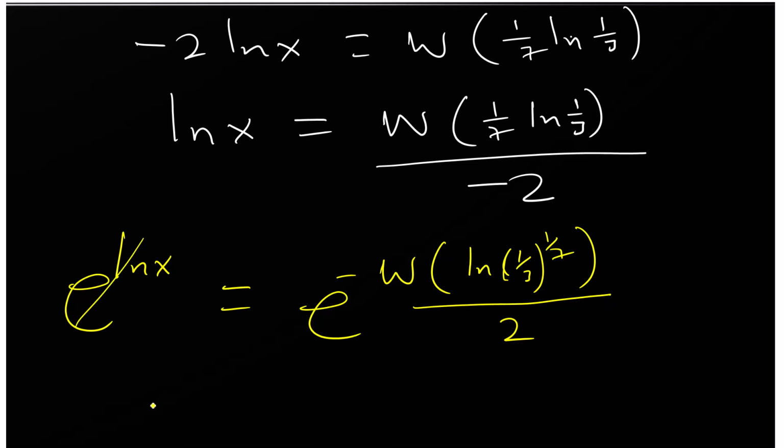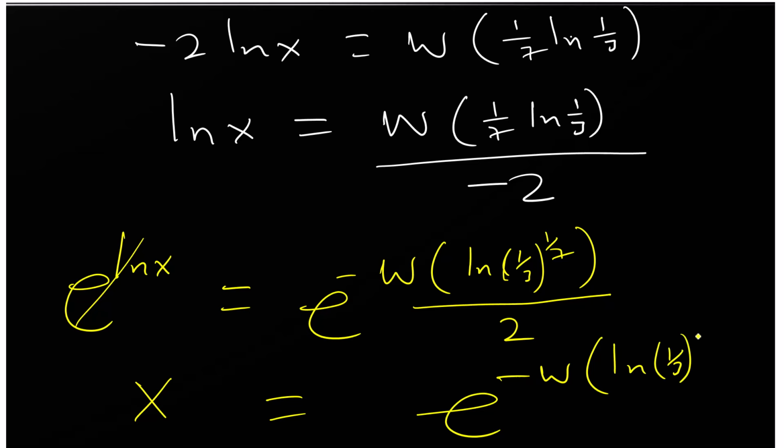So this side will go, and I'm left with x equals e raised to the W function of ln of 1 over 3 raised to 1 over 7, over 2. So that's the answer. Thanks for watching.